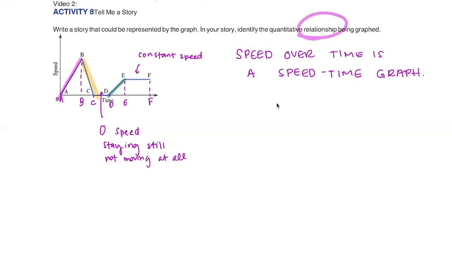The pink and green portions of the graphs are positive slopes.